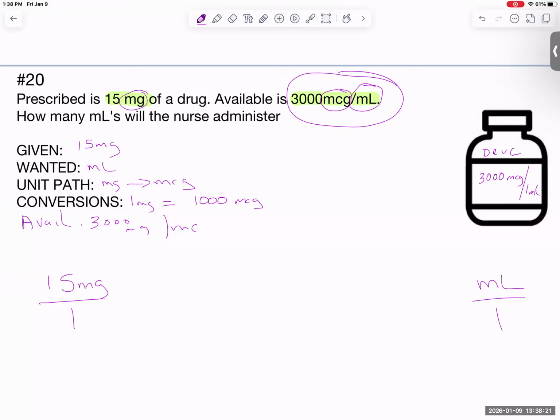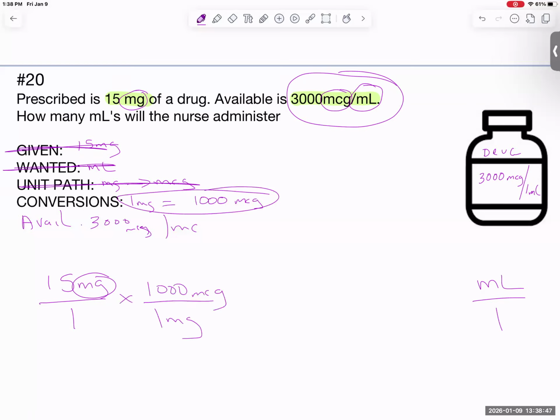All right, so now we've got our given, we know our wanted, we know our unit path. So let's start eliminating the unwanted. That's really what dimensional analysis is, eliminating what you don't want and getting to what you want and what you need to give. So how do I get rid of the word milligram? I can't use what's available because that's in micrograms. So I'm going to use my conversion. And I'm going to put 1 milligram on the bottom and 1,000 micrograms on the top.